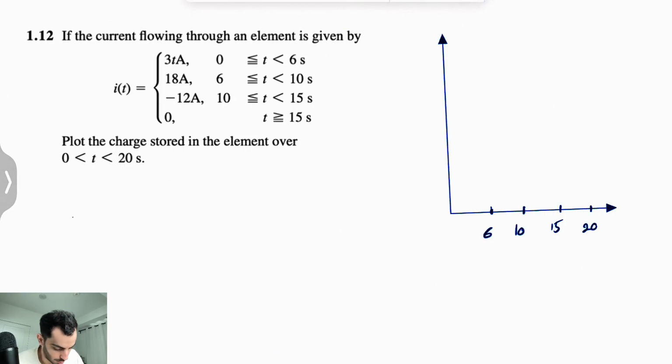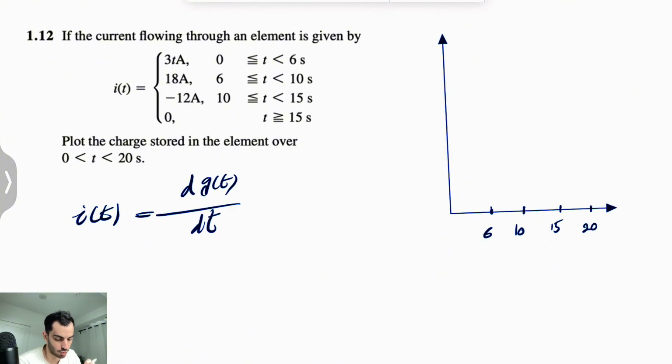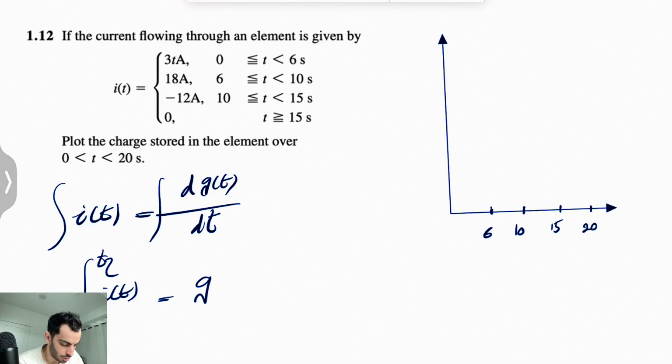We know that the current, which we show as i of t, is going to be dq of t over dt, the derivative of the charge with respect to time. So if we take the integral on each side, on the left side we're going to get the integral of current from t1 to t2, which gives us the charge.